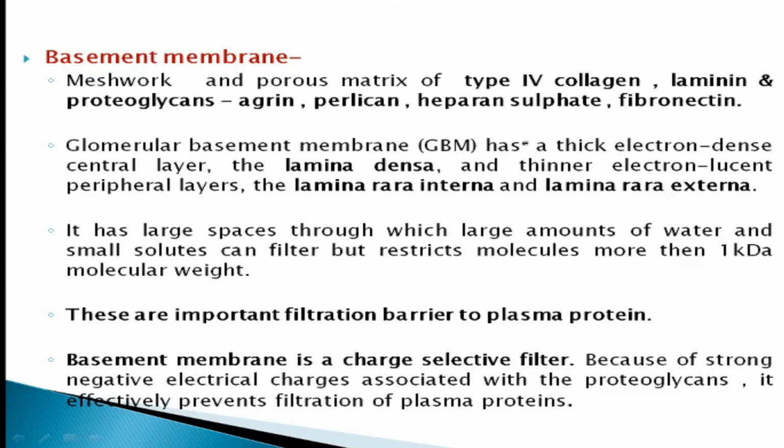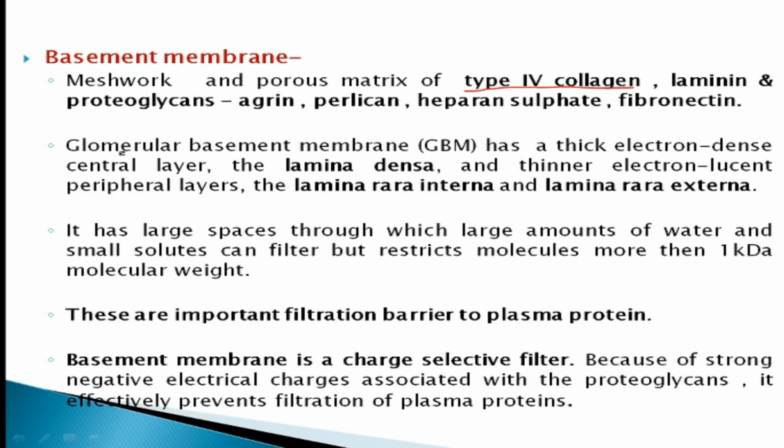Type 4 collagen is the major constituent of the basement membrane, and apart from that, other important substances which contribute to the formation of the basement membrane include laminin and the proteoglycans. Glomerular basement membrane has an electron dense central layer, which is known as lamina densa, and the lamina rara interna and externa are the other thinner layers. This is an electron microscopy feature which is not of much concern for us.